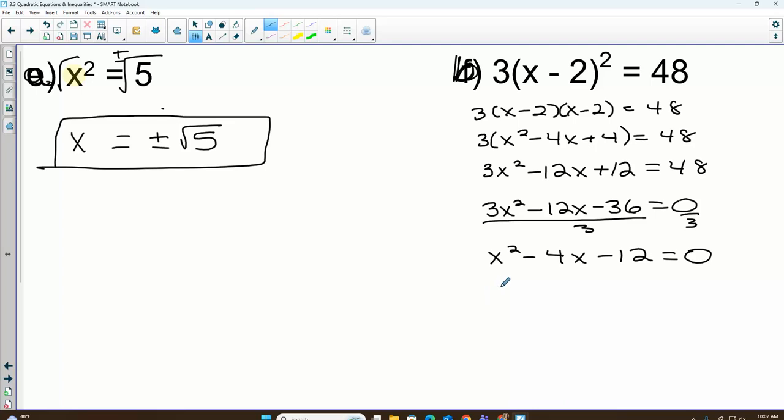Now what? So two numbers multiply to -12 and add to -4. -6, +2. So if we set those equal to 0, we get 6 and -2.